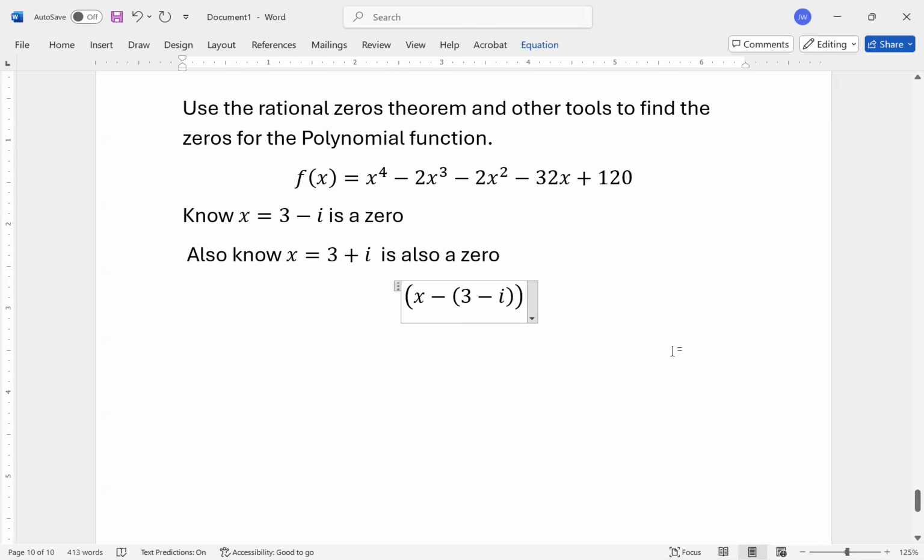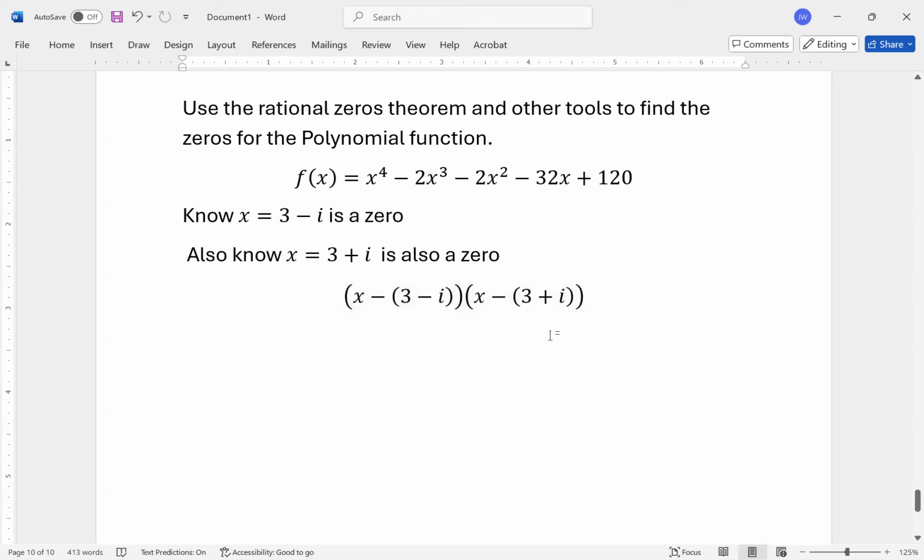Usually I don't do that though. Usually what I do is I say, well, also this is a factor. When I multiply x minus the complex number 3 minus i times x minus the complex number 3 plus i, these two should both be factors.